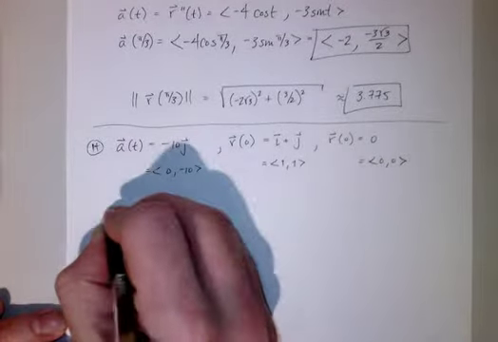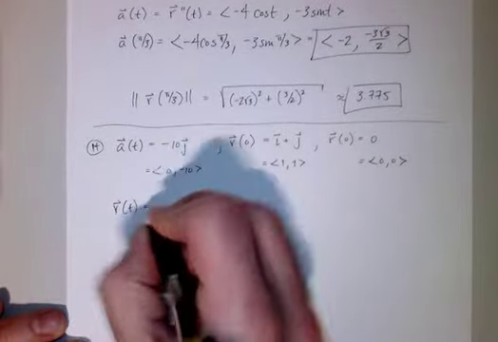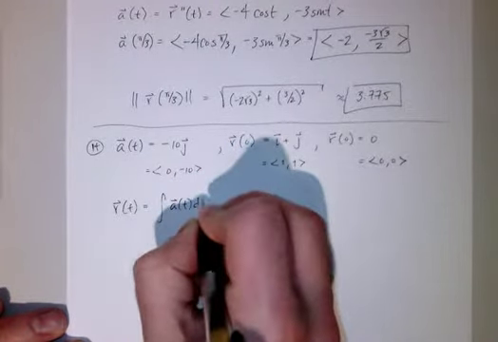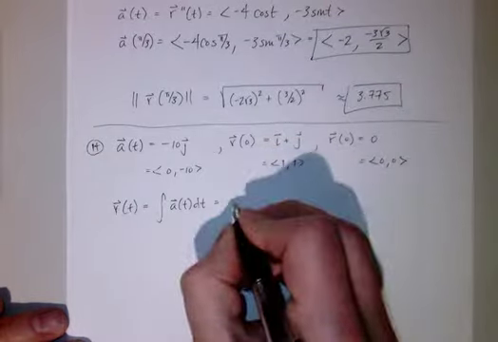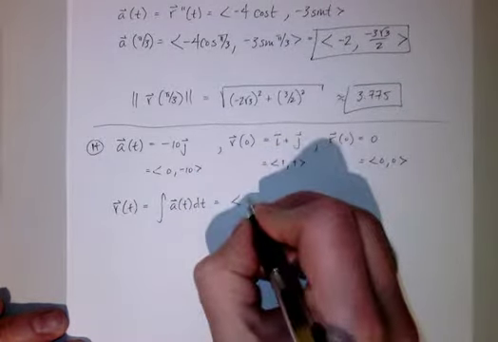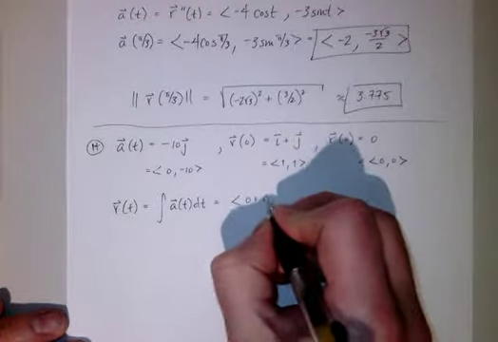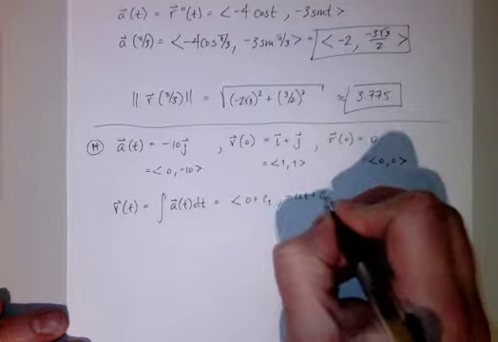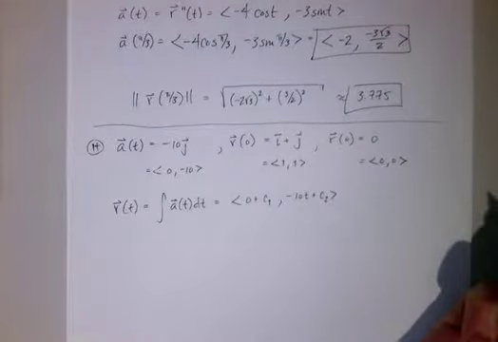Now I know that the velocity vector is going to be the integral or the antiderivative of the acceleration vector, and that means that it goes from 0, -10, to 0 plus c1, -10t plus c2.